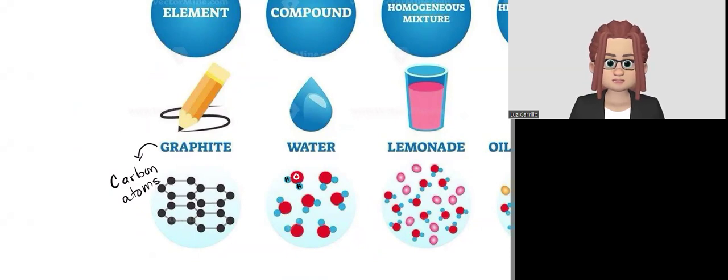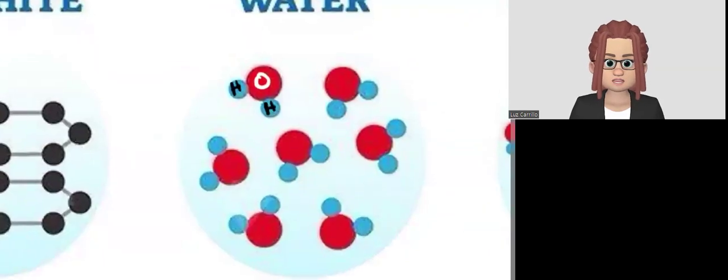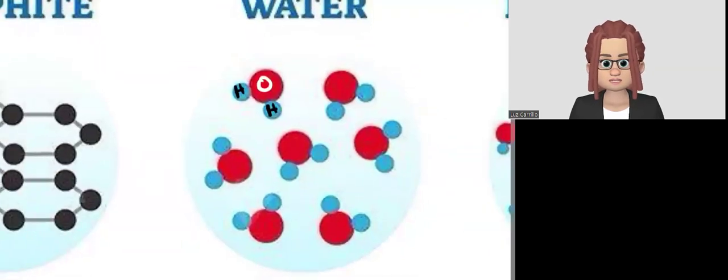The example that we have is water, because at the molecular level, when we see water, it is composed of chemically bonded oxygen atoms bonded to hydrogen atoms. And every oxygen atom has two hydrogen atoms bonded to them. And that's what makes it a compound.